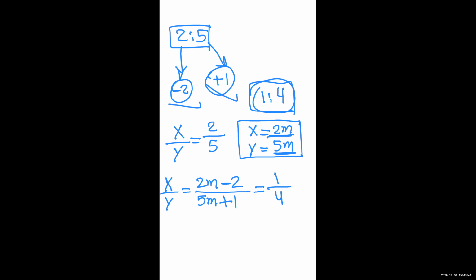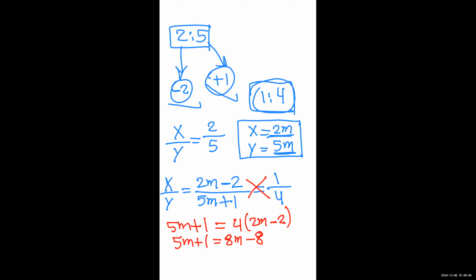Now product of means equals the product of extremes, cross multiplication. So 5m plus 1 times 1 equals 4 times 2m minus 2. So 5m plus 1 will equal 8m minus 8.